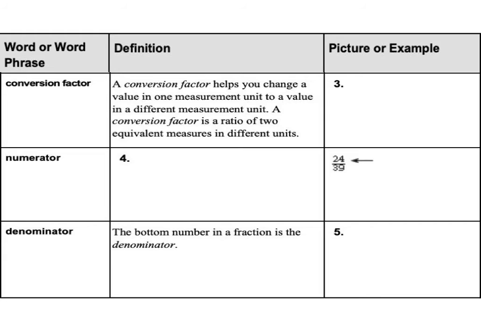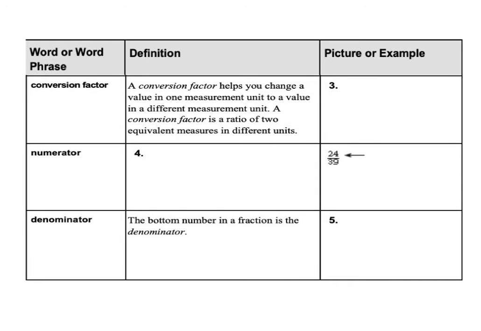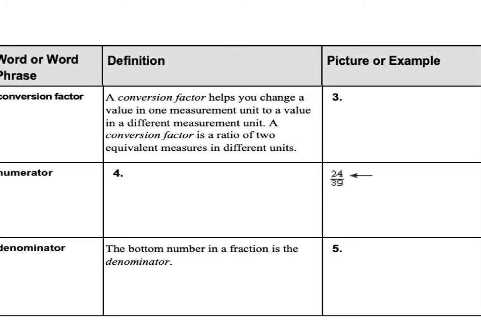Okay, next word or phrase, conversion factor. So a conversion factor, we just talked about these. They help you change a value in one measurement unit to a value in a different measurement unit. A conversion factor is a ratio of two equivalent measures in different units.